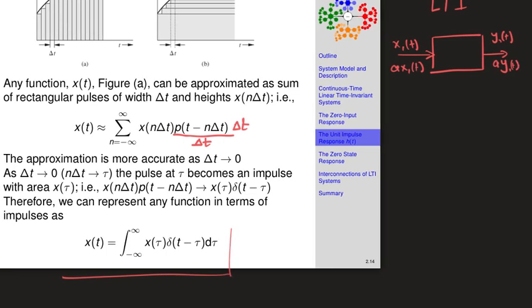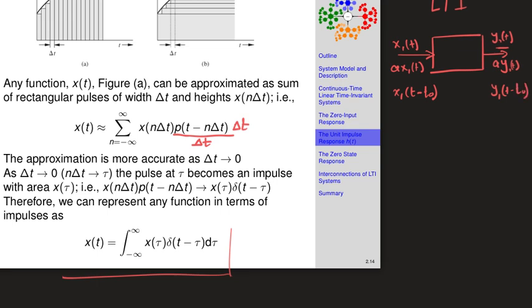And also x1 of t minus some shift, well, let's not use tau so it doesn't get you confused, let's call it t naught, okay? Is going to produce at the output the same output that comes for x1 but shifted. So y1 of t minus t naught, right?